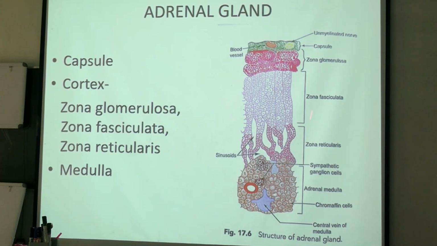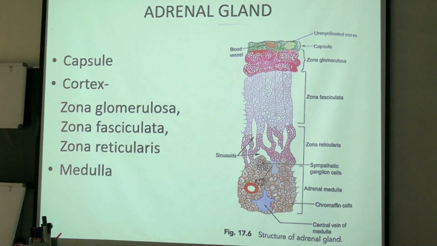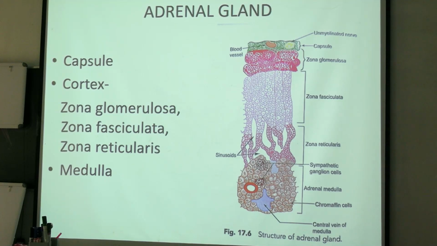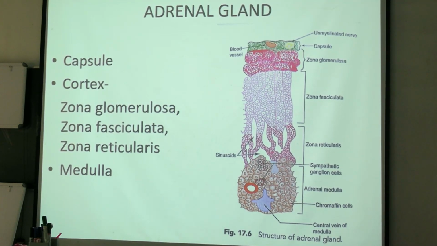After that, you see the cortex. This whole part is the cortex. The cortex consists of zona glomerulosa, with ovoid pattern or curved cords present. In the fasciculata, longitudinal cords are present, and in between the cords there will be sinusoids.